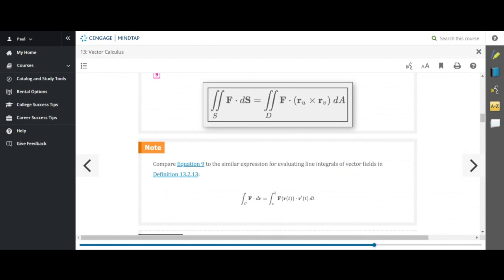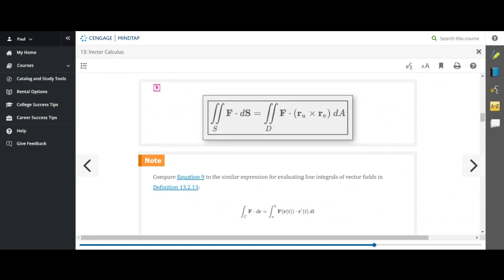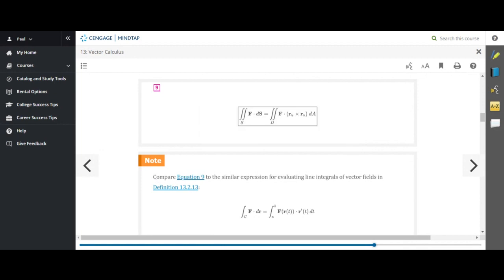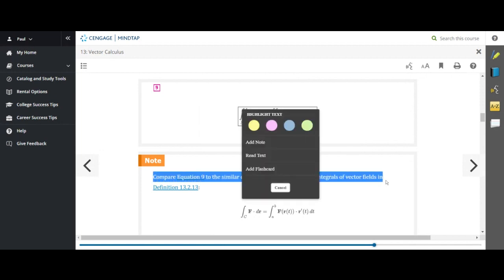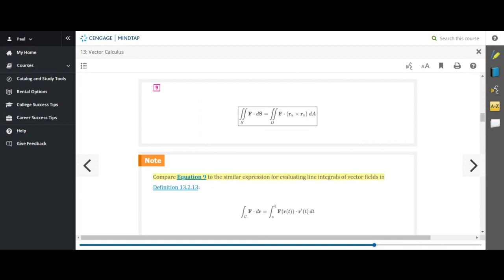It always works. And note also, they say compare this equation 9, this flux formula, to the similar expressions for evaluating a line integral. So compare that with the line integral of a vector field below.